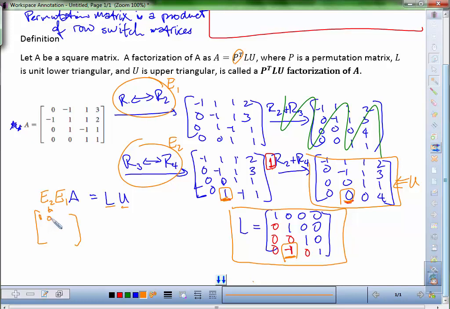So we start off with the identity matrix, and then we switch the 3rd and 4th rows of the identity matrix. So that's E2. E1 is switching the 1st row and the 2nd row. So we start off with the identity matrix, and we'll switch the 1st and 2nd rows, and then we'll keep everything else the same.